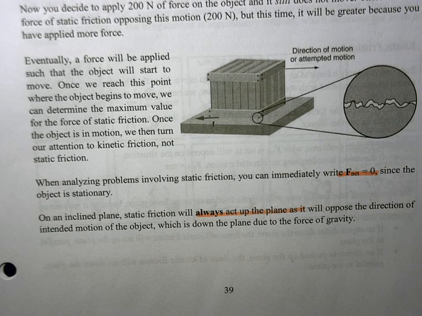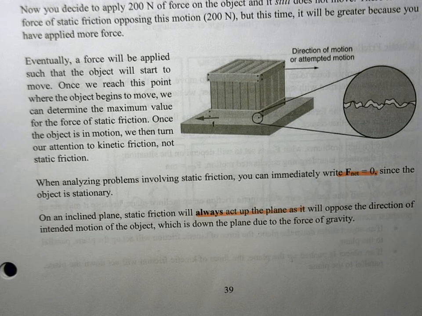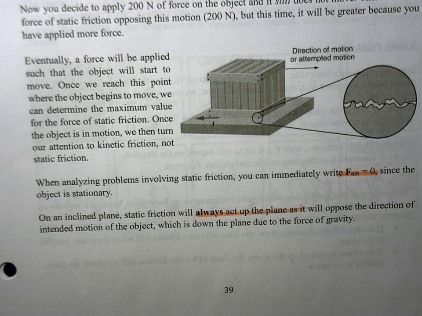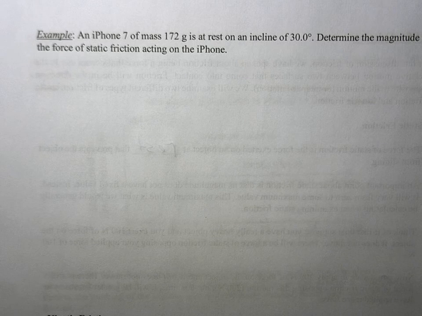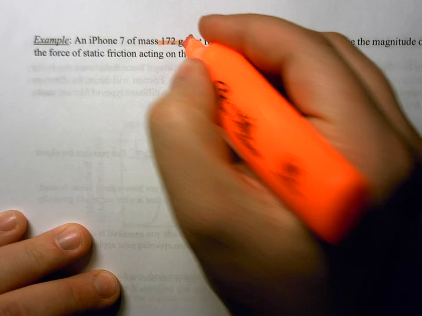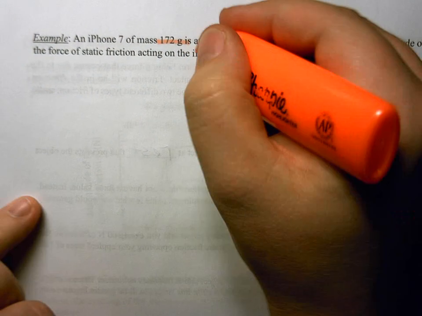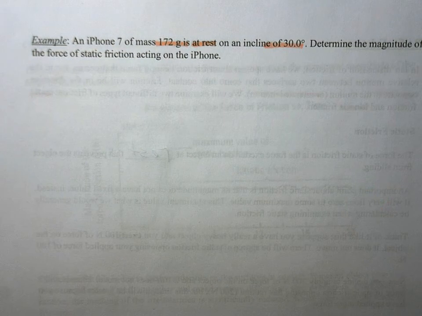Static friction is going to try to prevent that. So if the object wants to go down the plane, static friction is going to go up the plane. And we can look at a nice quick example of that. So we have a very outdated iPhone 7. It's got a mass of 172 grams, and it's at rest on an incline of 30 degrees.